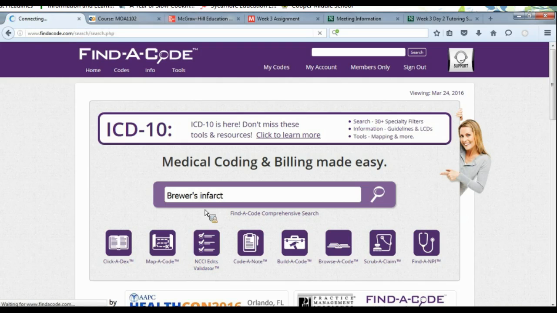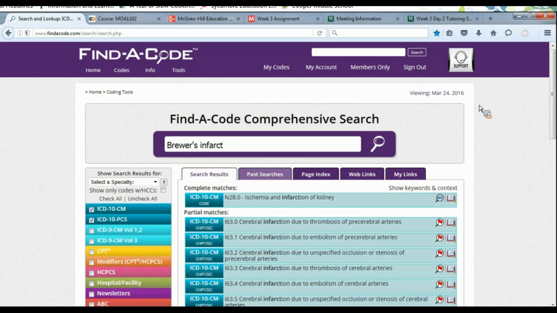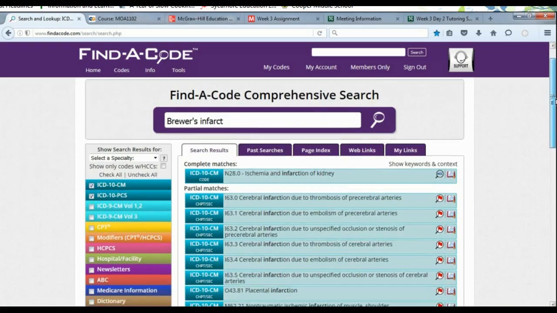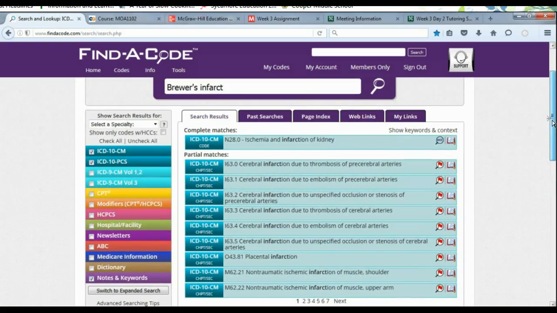I uncheck CPT modifiers and HCPCS because we're only searching for ICD-10. Based off of your selections, we only have one complete match and the rest are partial matches. Which code would you select for Brewer's infarct, or which link would you like me to select for this one?